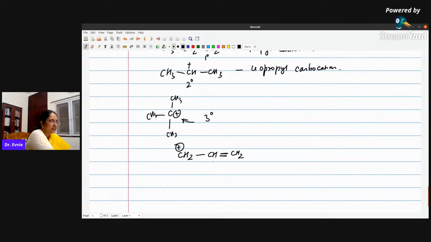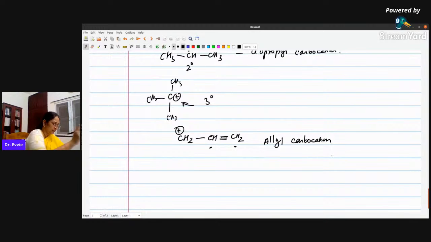See, these 2 carbons have a double bond, and this carbon is attached to a carbon which is having a positive charge. So this is called your allyl carbocation. I hope it is clear for you. When it has a double bond and the next carbon has a CH2 group, such groups are called allyl carbocation.